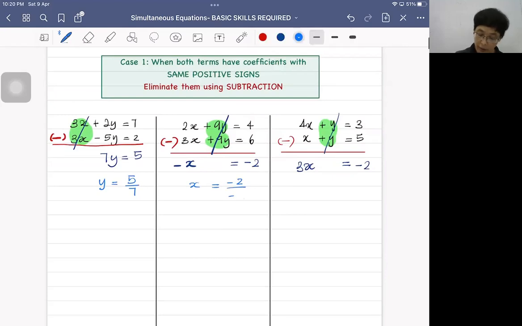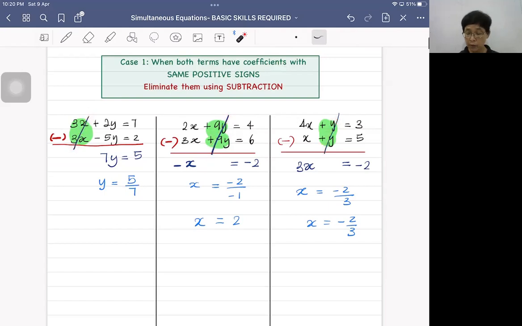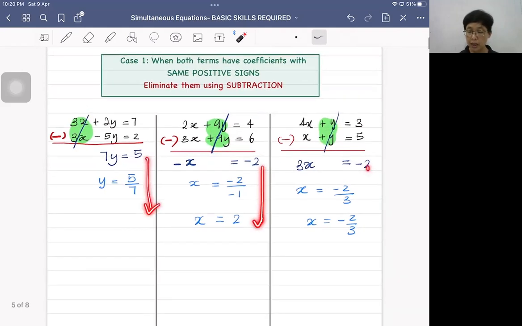Then we got minus 1. Then so we know that x is 2. Then here we can move on by solving x divided by 3. So we know x is minus 2 over 3. So we can go on. But the whole idea of adjusting and eliminating is for this. Once we do this, the following steps become easy.